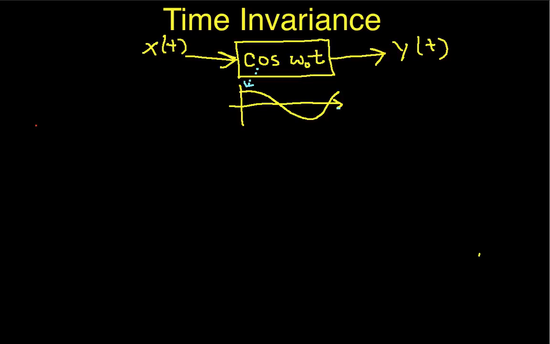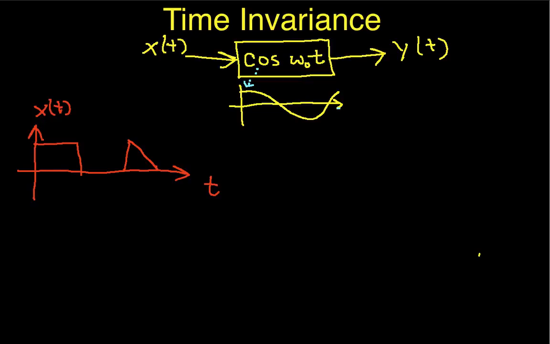We're going to take the same x of t, with our rectangular pulse and our triangular pulse, and see what the output of the system is then.